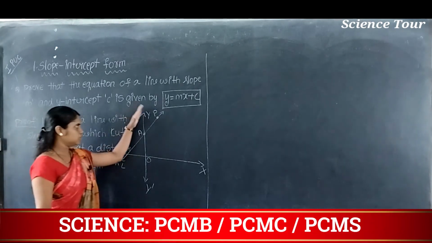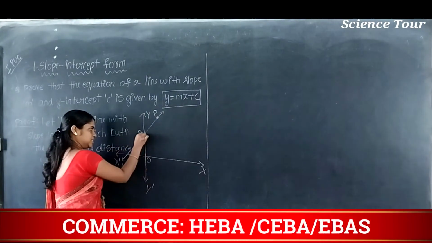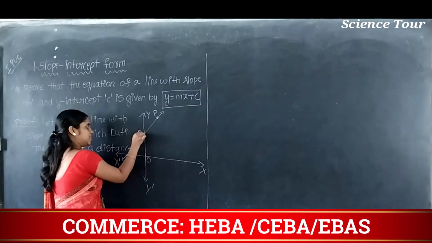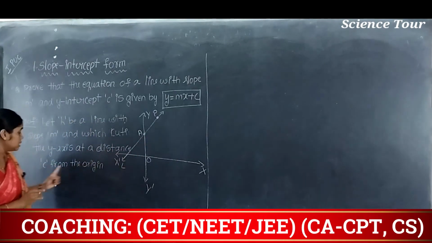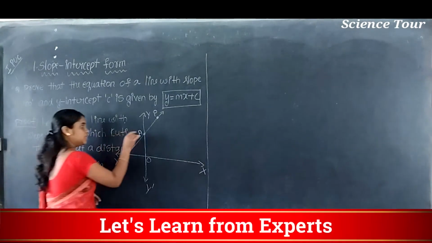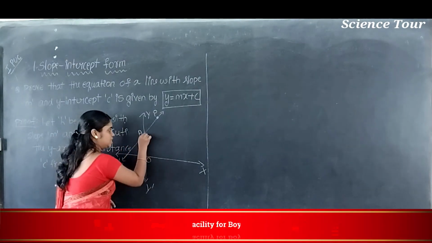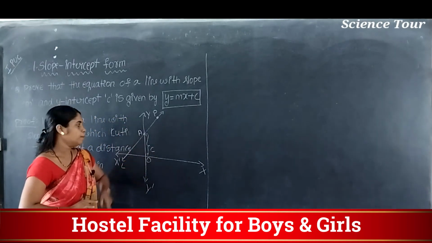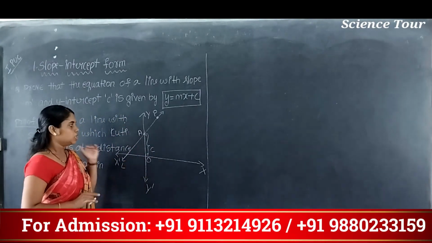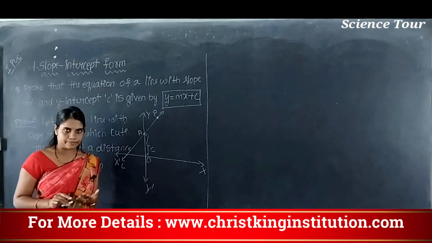So in the figure, this line L cuts the y axis at a point A, but at what distance? It cuts the y axis at a distance c. That means the distance of this point A from the origin is given by c, small letter c. Understood now? So now tell me, what is the coordinate of this point A?